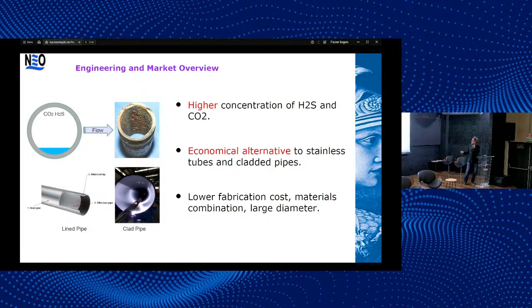So, as I mentioned, there is a higher concentration of H2S and CO2 in our oils, so we need to avoid corrosion. So one possibility is to use mechanical line pipe.